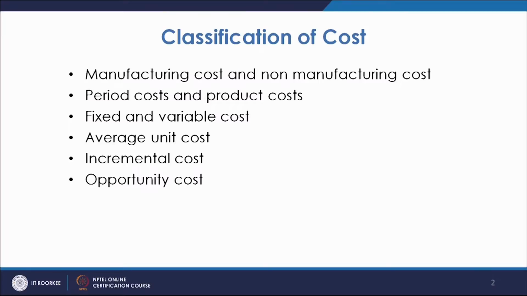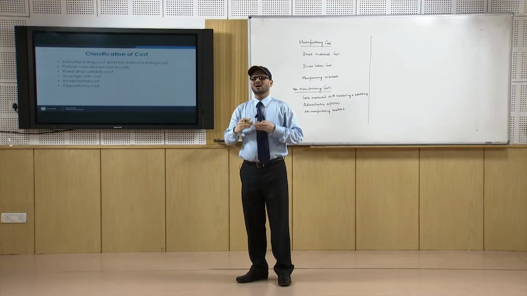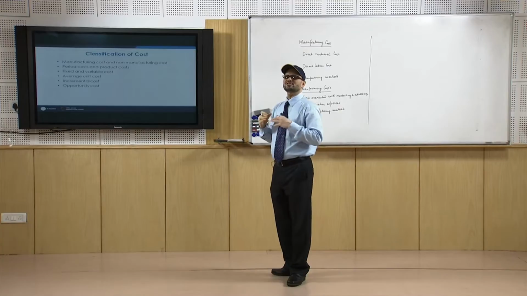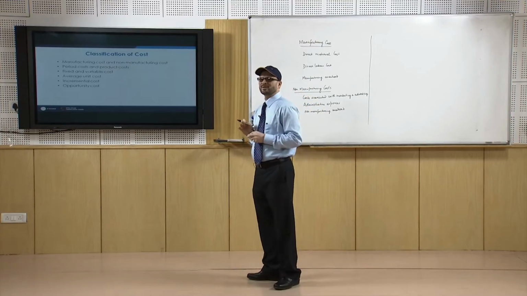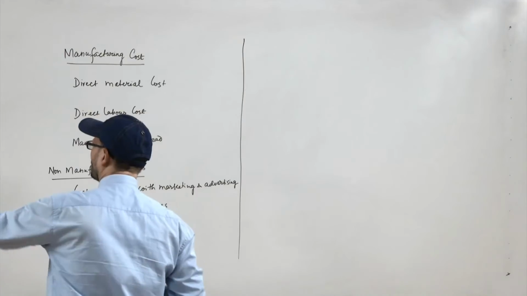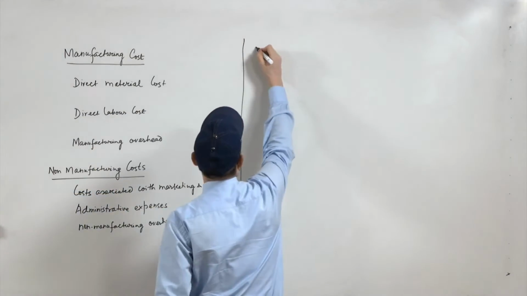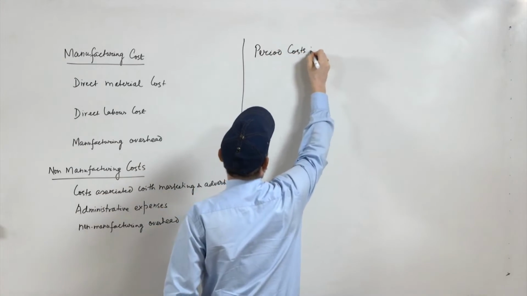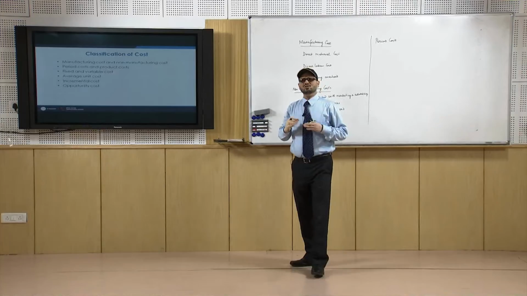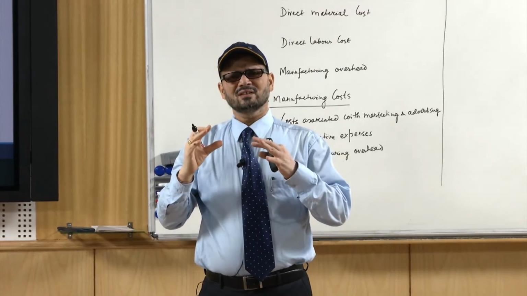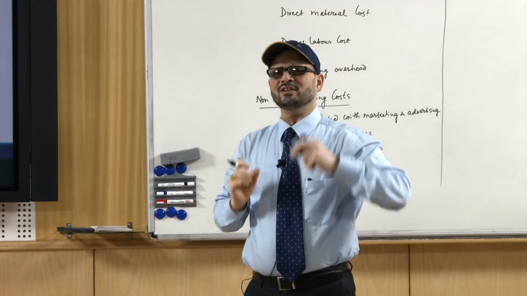Next is period cost and product cost. When we talk about the financial statement perspective, when we want to make the financial statements, the costs can be categorized under two broad names, period costs and product costs. Period costs are those costs which are better expressed in a certain period.